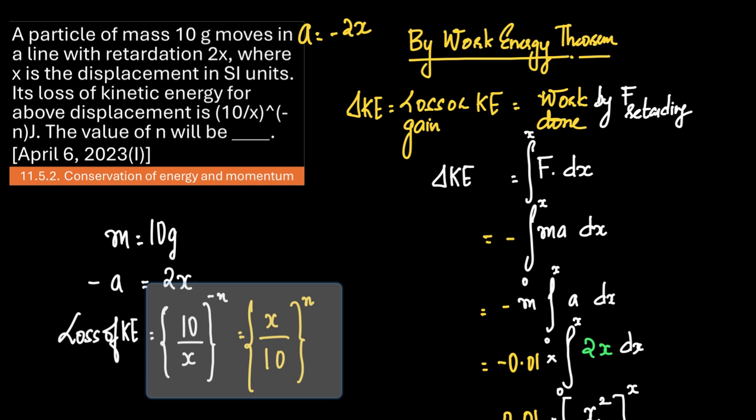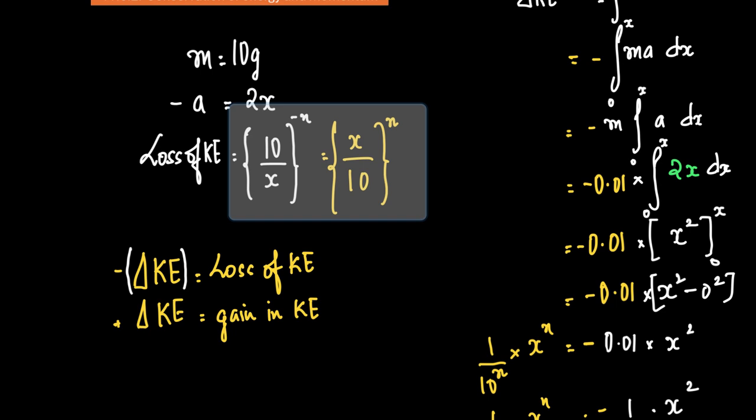Now coming to the next point here, which is loss of kinetic energy. See, what is loss of kinetic energy? Change in kinetic energy is delta K. Let me try to explain that first. What is change in kinetic energy? Change in kinetic energy is nothing but kinetic energy final minus kinetic energy initial.